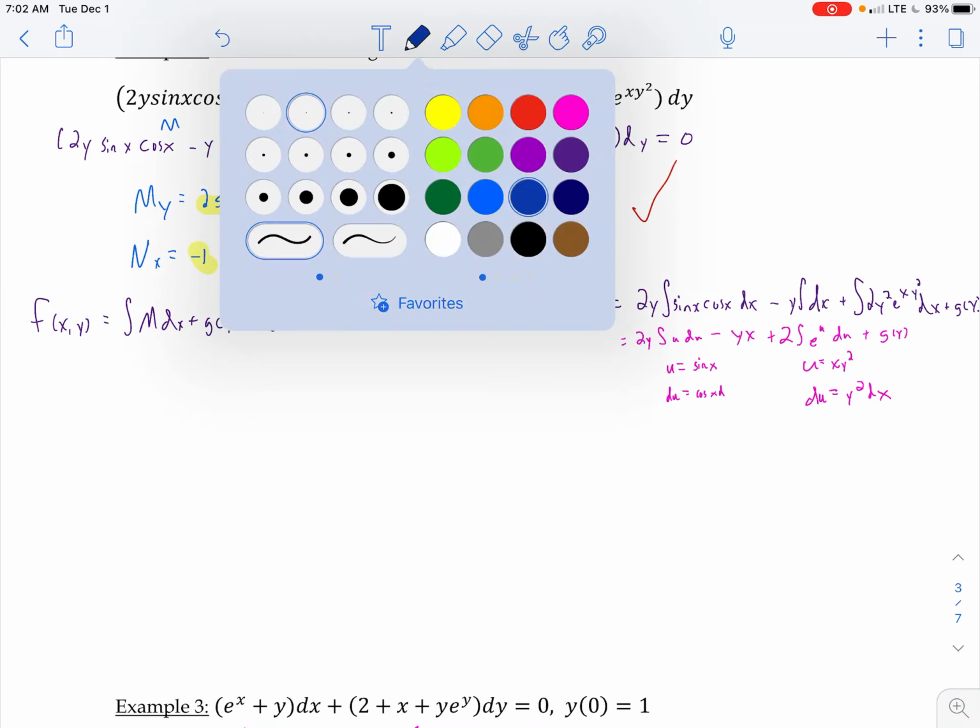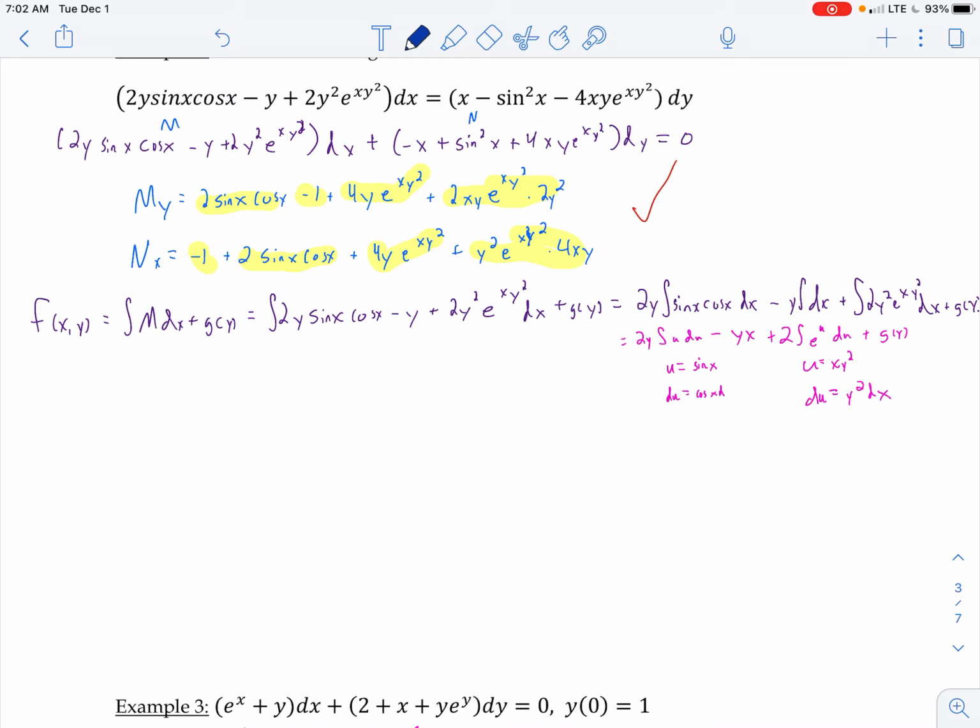And so then my final answer over here is when I integrate u du, I'm just going to get 1/2 u squared. So I'm going to get 2y times 1/2 u squared minus yx plus 2e to the u plus g of y.